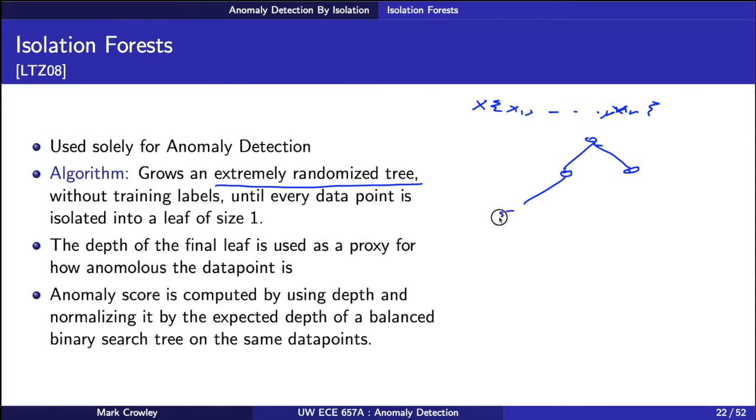At every one of these we've got some subset of points that made it here, and another side of the tree might go down further, right?